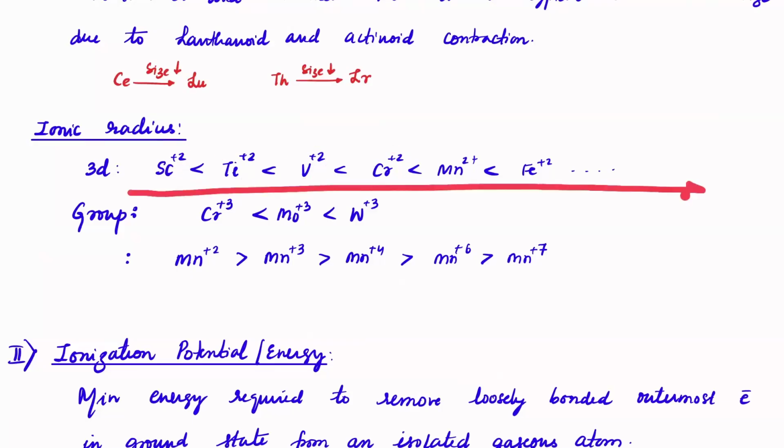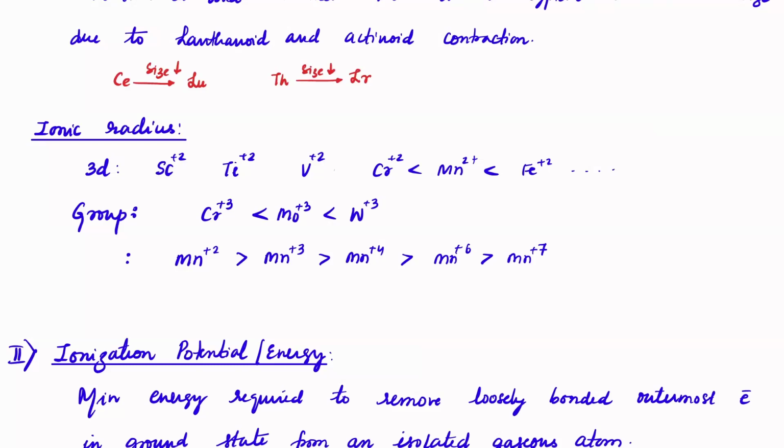Ionic size will decrease from left to right. Oh, I wrote increasing. Sorry, this should be the opposite direction. So it should start decreasing from left to right. This way. Okay.